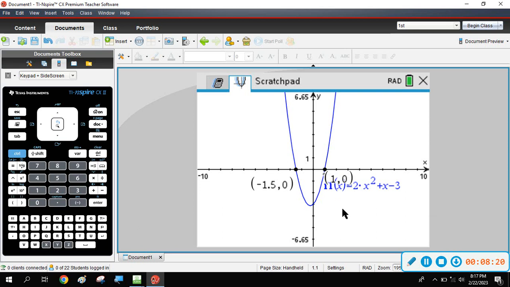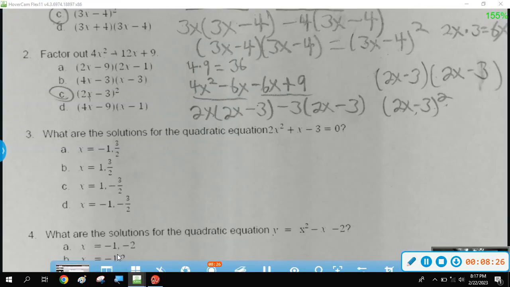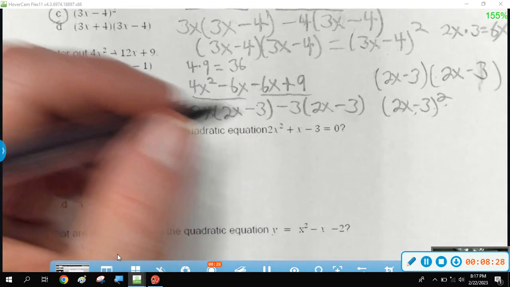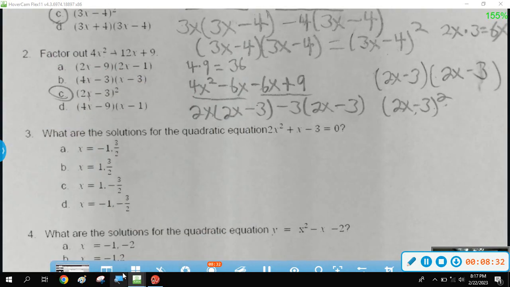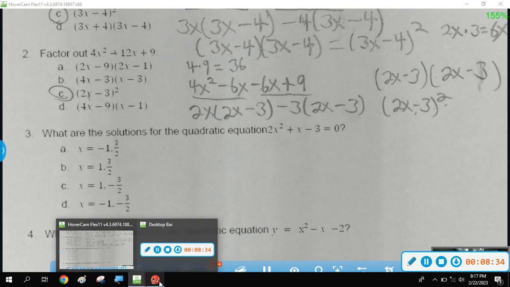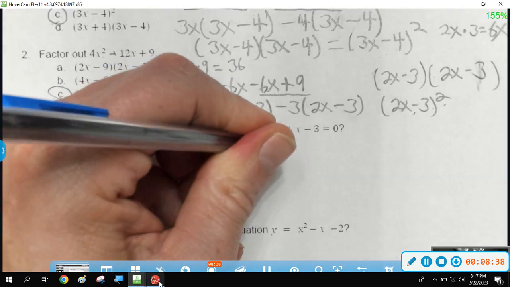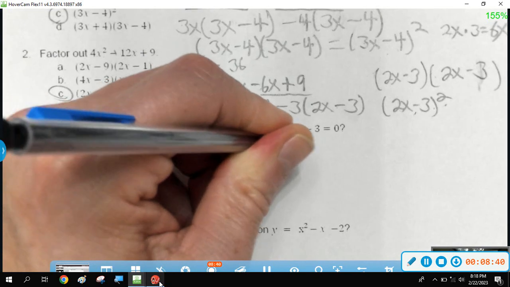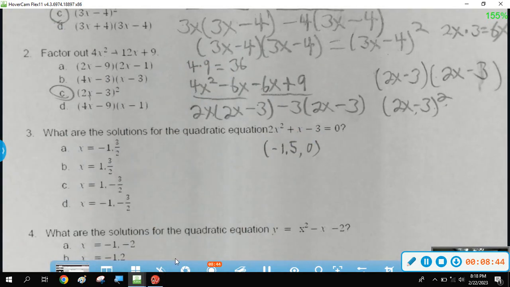Now remember, last time we wrote those as an ordered pair, both of them as an ordered pair. So last time the answer that I was getting was this. Let's see. Negative 1.5 comma 0. And what was the other one? It was 1 comma 0.